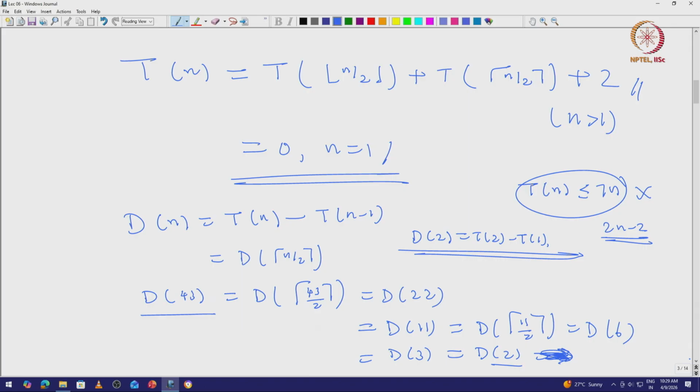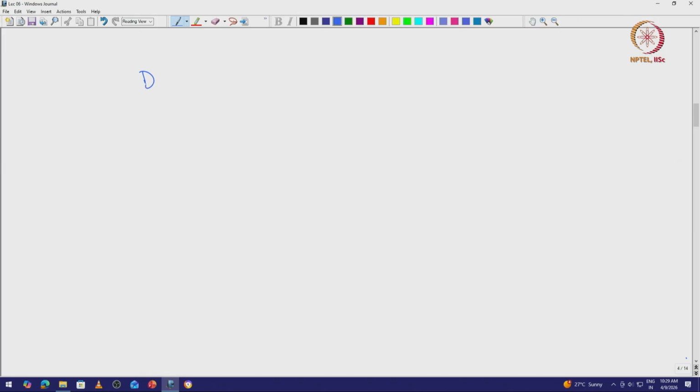For example, d of 73 is the same as d of 37, which is the same as d of 19, which is the same as d of 10, which is the same as d of 5, which is the same as d of 3, which is the same as d of 2.